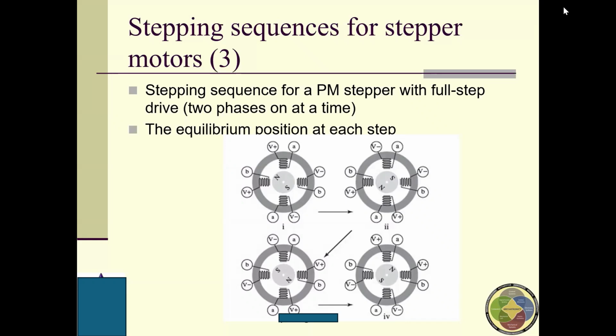Because you energize these two together, right? So this will attract N, and this also attracts N. Suppose the magnitude of this field is the same as that of this one. Then this is equilibrium, right?